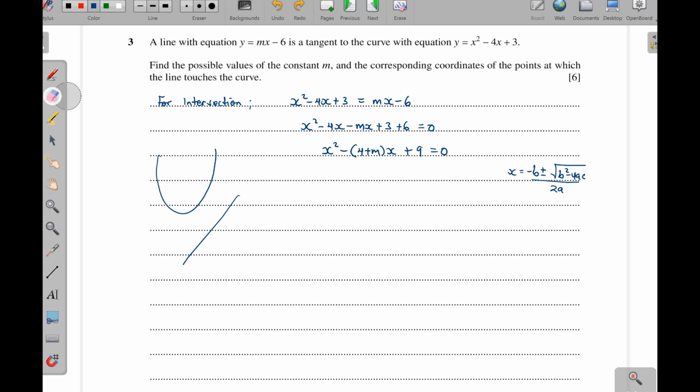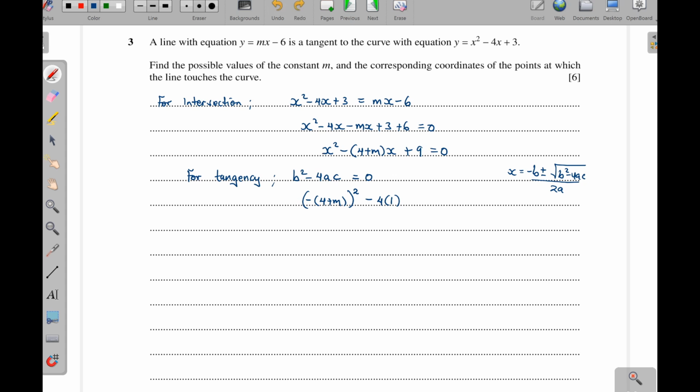Okay. So for this case, because this one is a tangent, I will say for tangency, b squared minus 4ac has to be equal to 0. So our b is negative 4 plus m. Then the whole of this, we square it, then minus 4. Our a is 1, that is the coefficient of x squared.